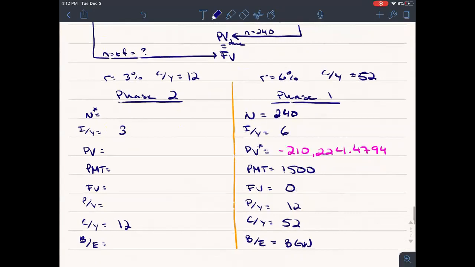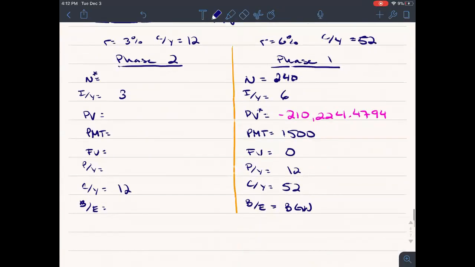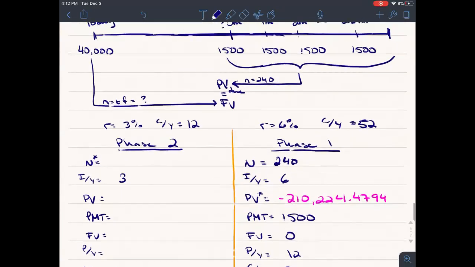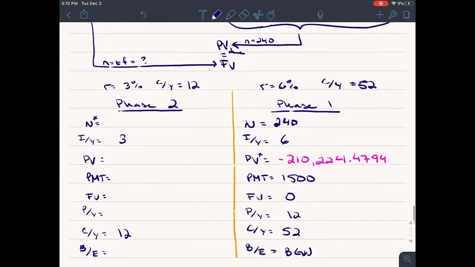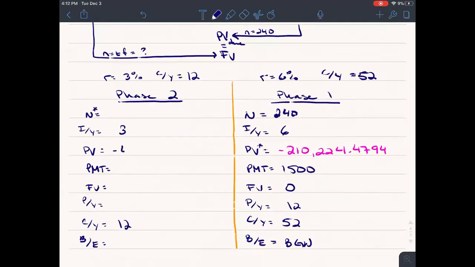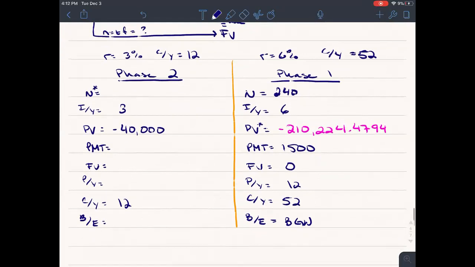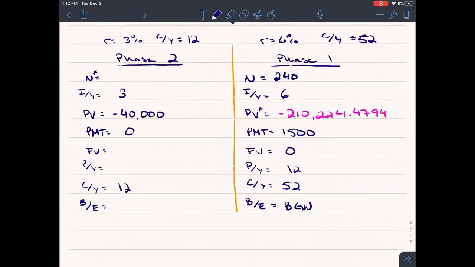Right, so our present value is 40,000. The idea is that you invest this 40,000, so it leaves your hands: negative 40,000. Our payment, there are no payments, so we put 0. And then our future value has to be positive.